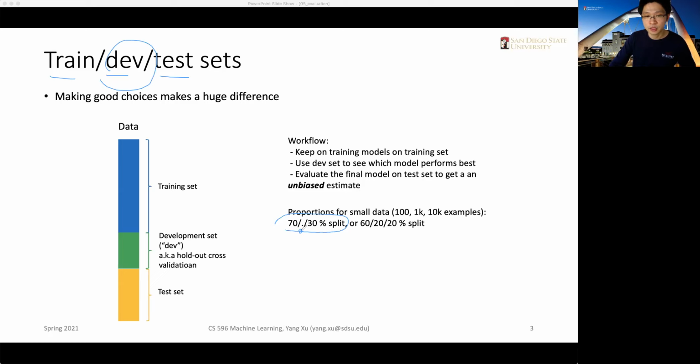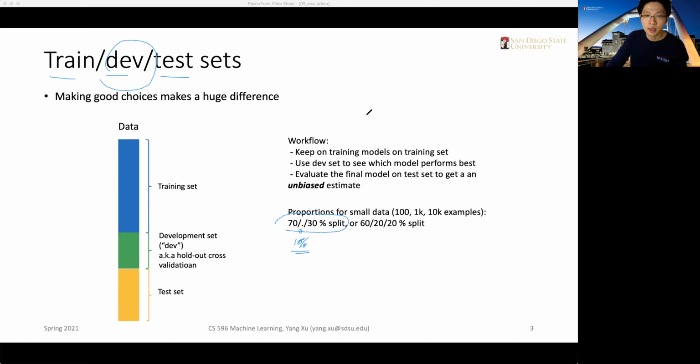If you only take 10% out as, for example, the validation or development set, the performance report from 10% of a very small data set will not be a reliable source of information, right? Because the data is already small, those 10% may not be representative at all.